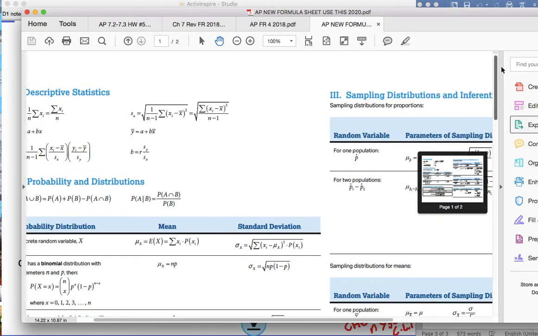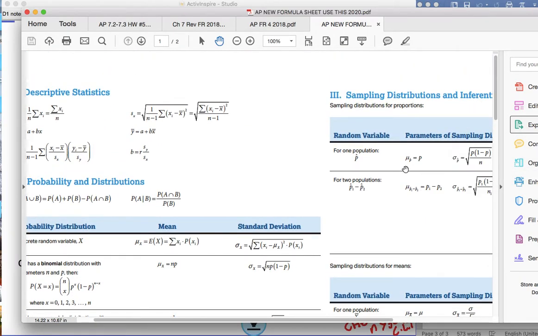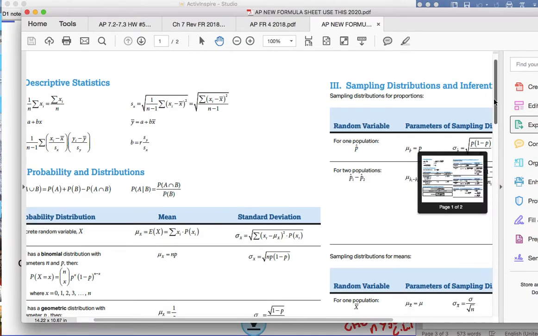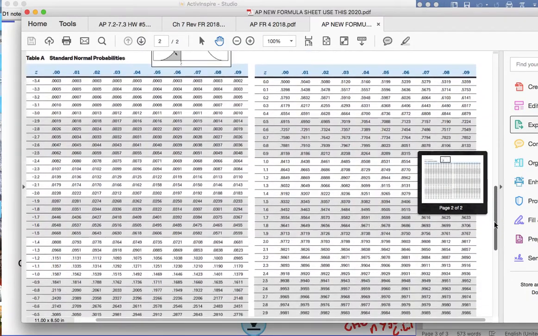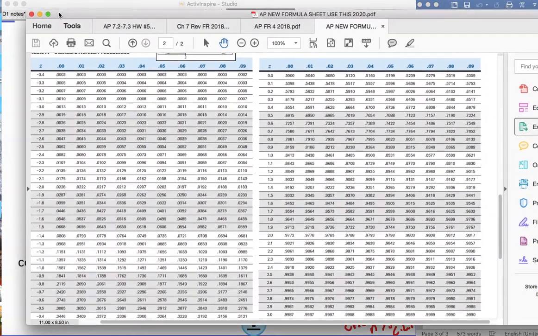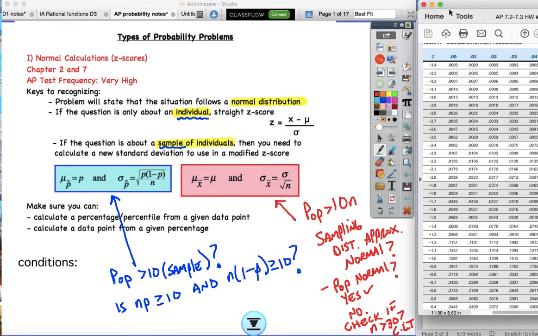I'll probably post that on the page where this video is as well, just so that it's even easier for you to find. But in any case, personally, given the circumstances of this AP test, I would make my own formula sheet just so things are easier to find and I can be more thorough. So again, this is when you have a whole sample of individuals, more than one.